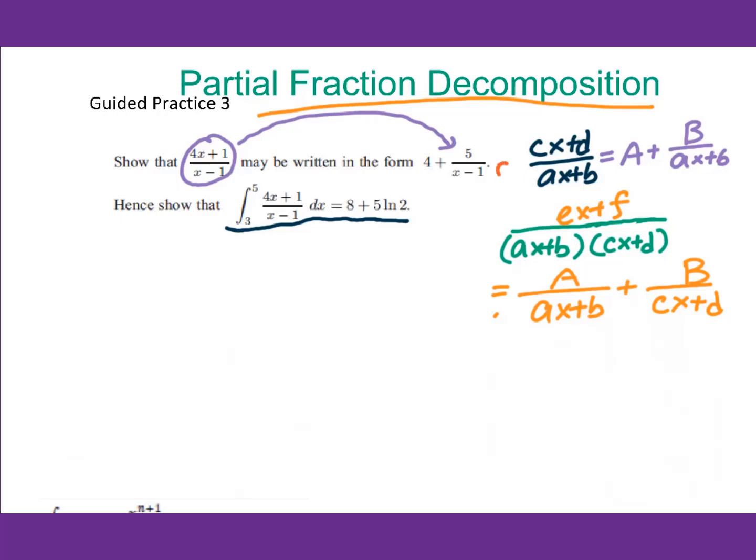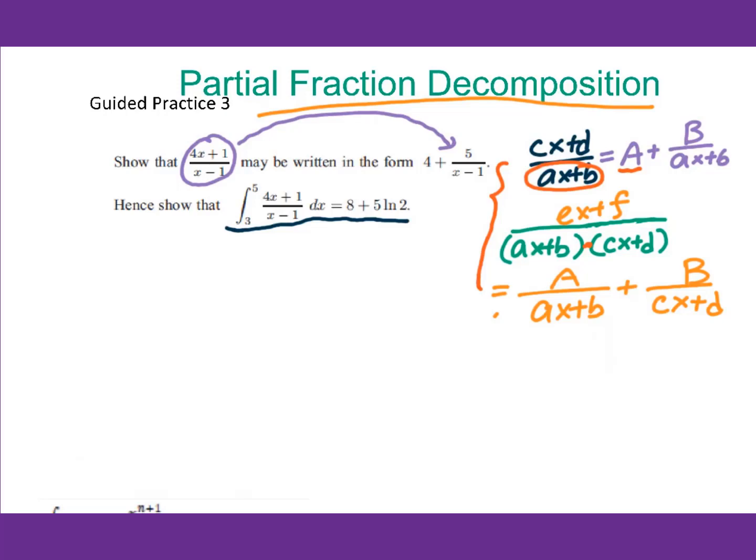Here are some rules for you to figure out the partial fraction decomposition. If we have linear over linear, normally we do a plus b over ax plus b when your denominator is only one linear function. When you have a quadratic function, you factor into ax plus b times cx plus d.